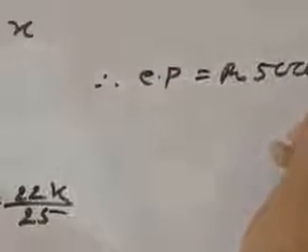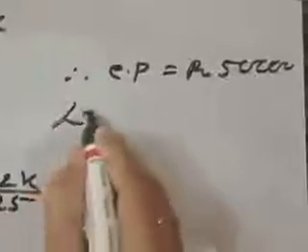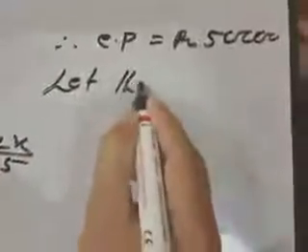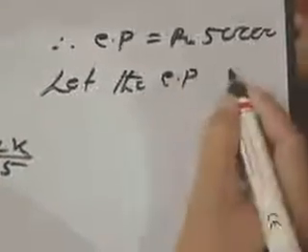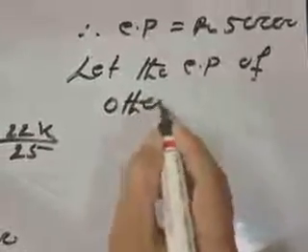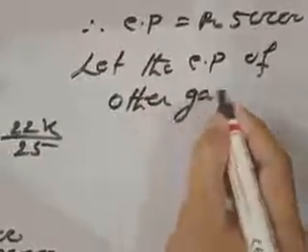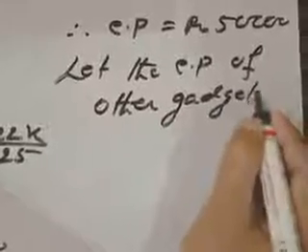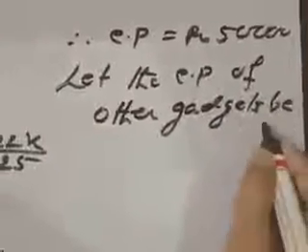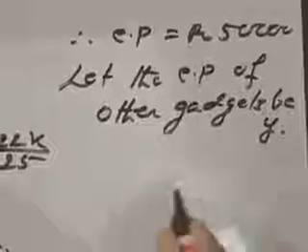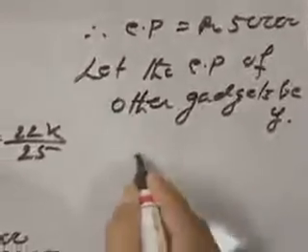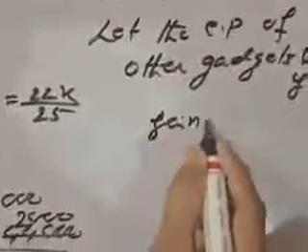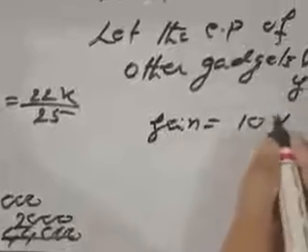That was for the first gadget. Now let the CP of the other gadget be y. Already we supposed the first one x, so the second one we suppose y. Now second, what? Gain. How much? 10%.